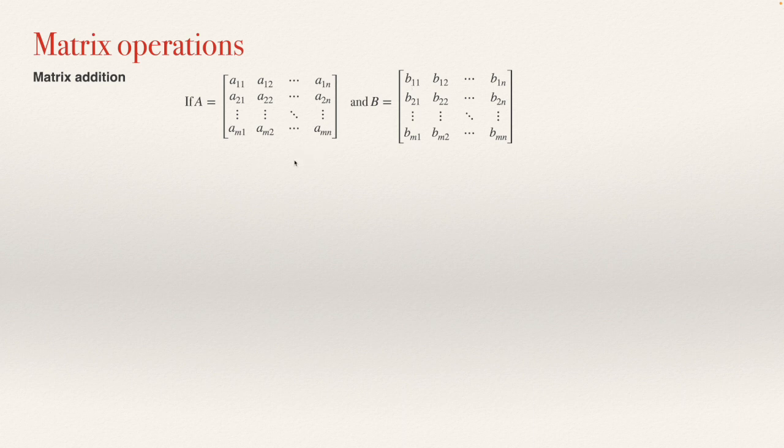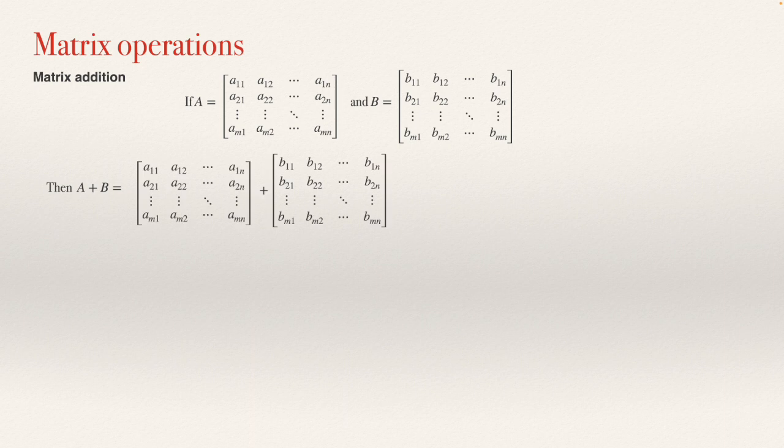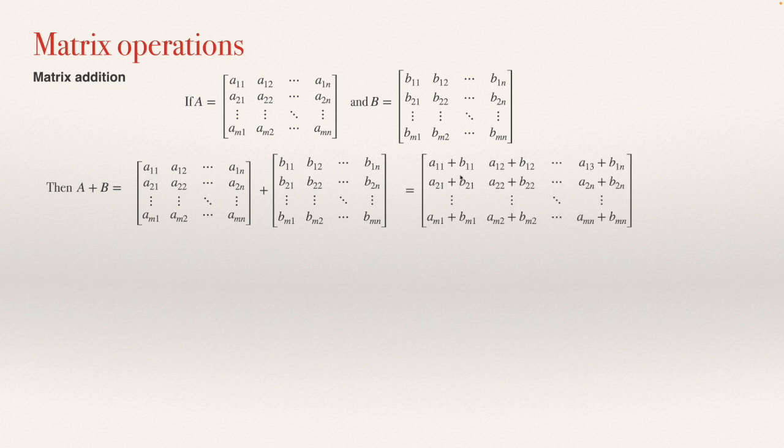So the answer will be another matrix, A plus B. So this is the addition of the two matrices, and it will be another matrix of the same size as the original matrices, in which every entry will be the sum of the corresponding entries of matrices A and B. So the first row, first column entry of matrix A plus B will be the element in the first row, first column of matrix A plus the element in the first row, first column of matrix B, etc. So what you need to do is add together the corresponding elements of the matrices.